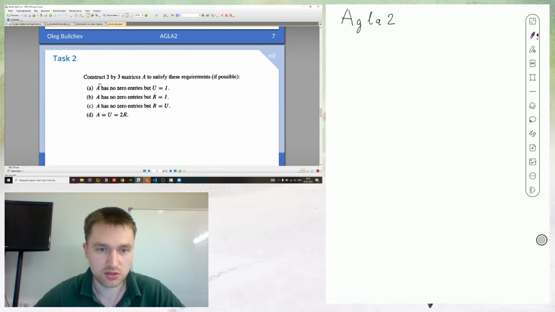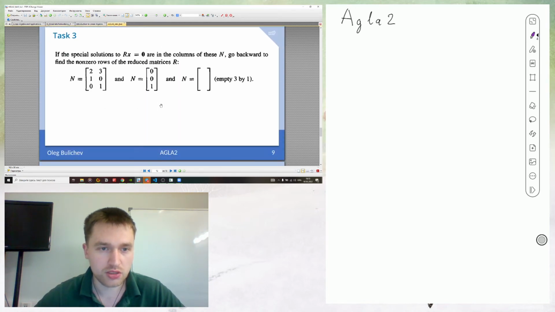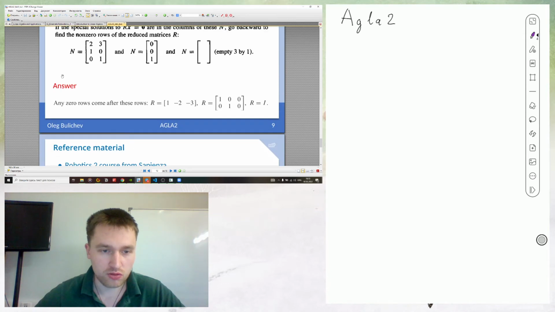The second task is to understand how to make new matrices and understand their properties. There is also some solution. And the last one is also for understanding the null space concept. Of course, I provided you the answers themselves.